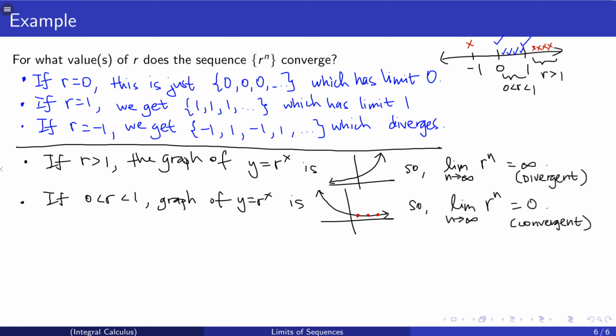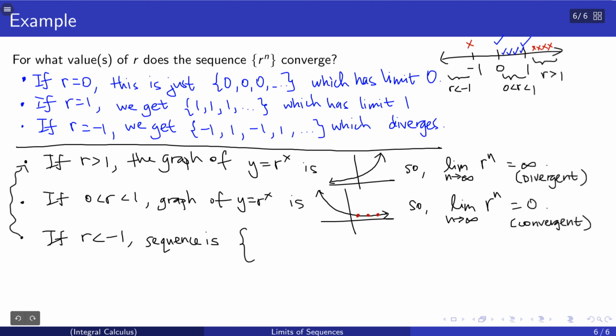Okay, how about the negatives? Well, if r is less than -1, can we even draw the graph there of r to the x? We can't. But what happens to the sequence? Well, we're only taking powers to be natural numbers there. So what's going to happen is you're going to get a similar sequence as when r is larger than 1.